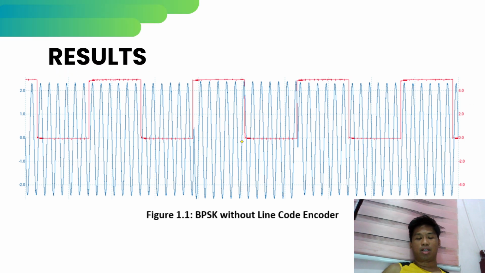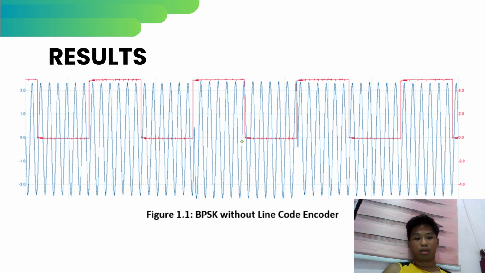Moving on to the results. Figure 1.1 is the BPSK without the line code encoder. In this experiment, a line code encoder was not used in the first method of BPSK generation.